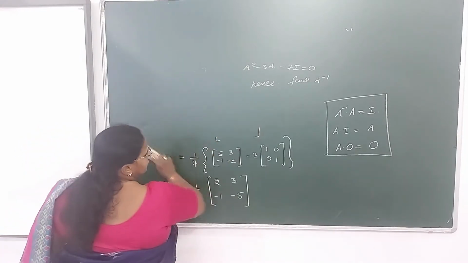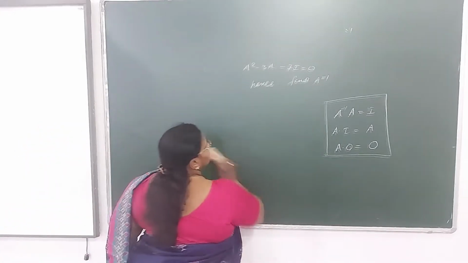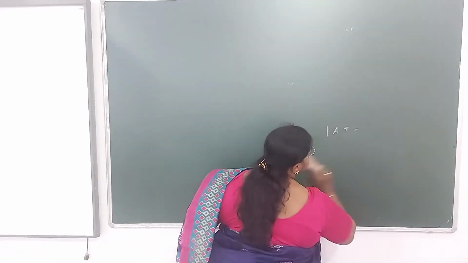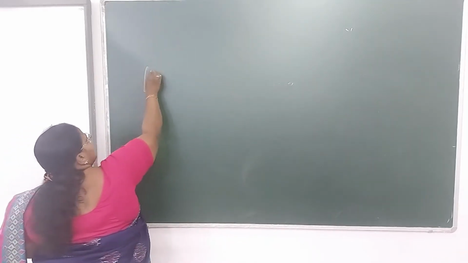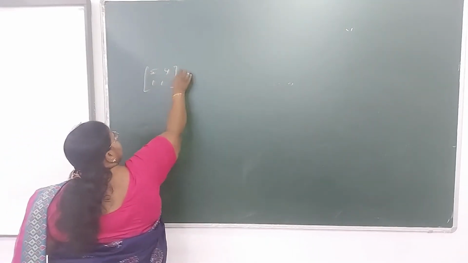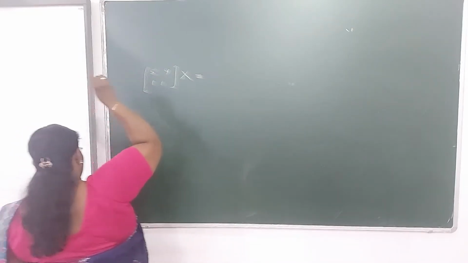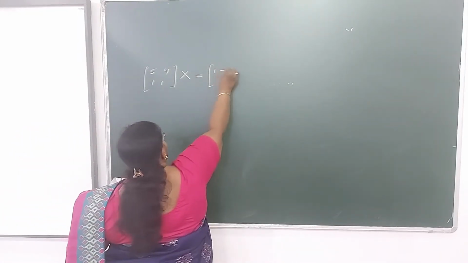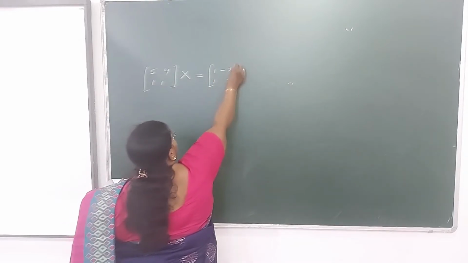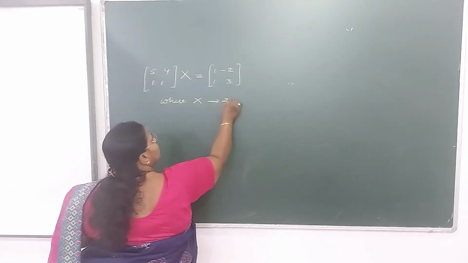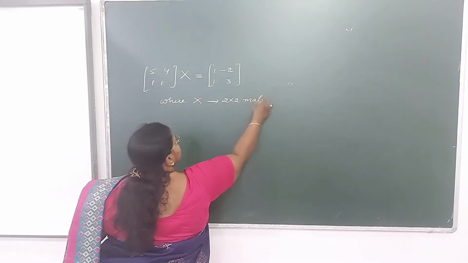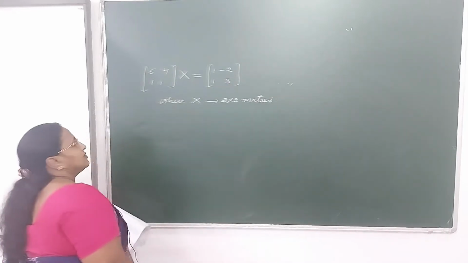Now moving to the next question. The question is to find out matrix X. Solve the matrix equation: the matrix 5, 4, 1, 1 times X is equal to the matrix 1, minus 2, 1, 3, where X is a 2 by 2 matrix.